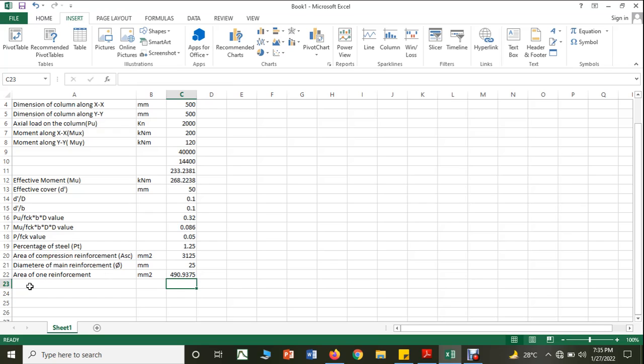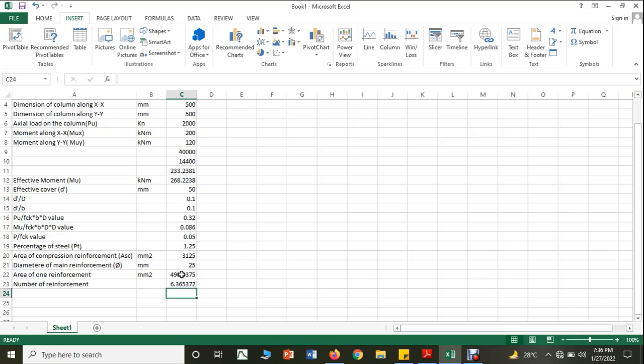The number of reinforcement bars will be 3125 divided by 490, which gives you 6.3. But whether it is a rectangular column or a square column, you are supposed to provide a minimum of 4 reinforcement bars.